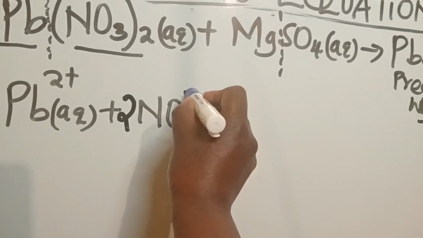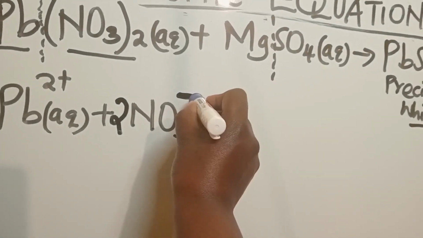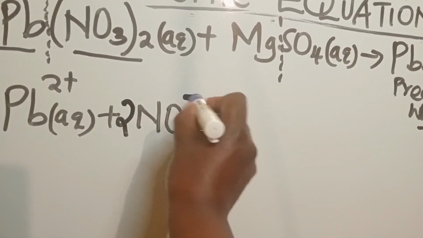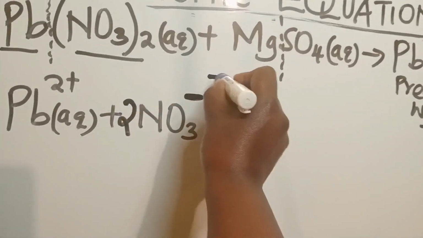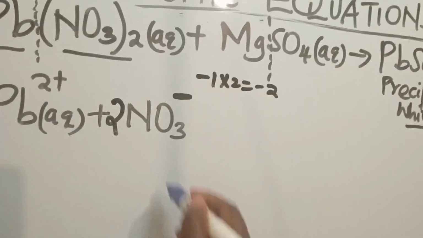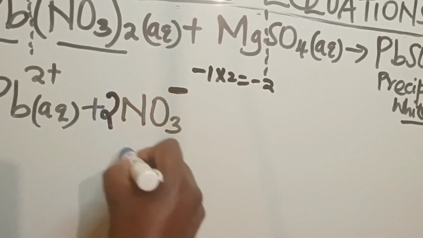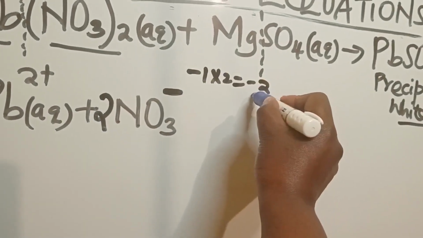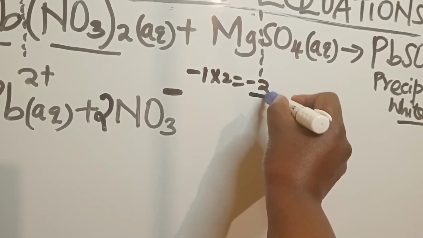Because one nitrate is having 1 negative, we can only have 2 of them to have this 1 negative times 2 to have a negative 2, so that the 2 of them will have negative 2.